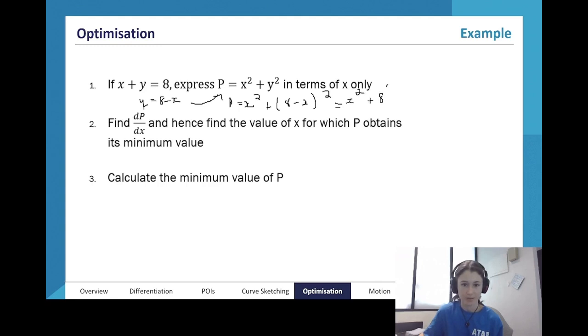So we're going to have x squared plus 8 squared take 2 times 8 times x plus negative x squared. And it's getting messy, but this is going to give us 2x squared plus 64 take 16x.